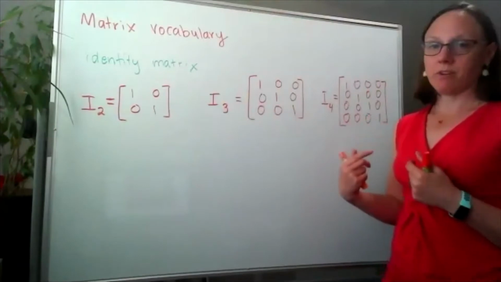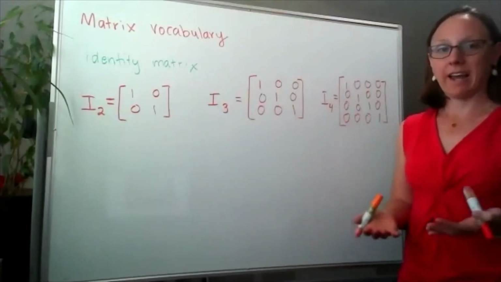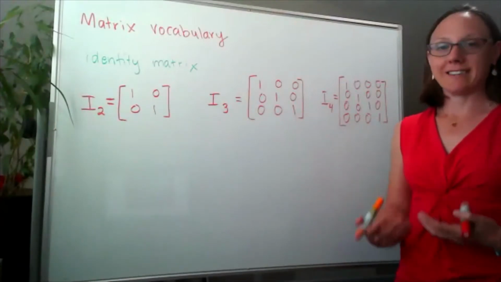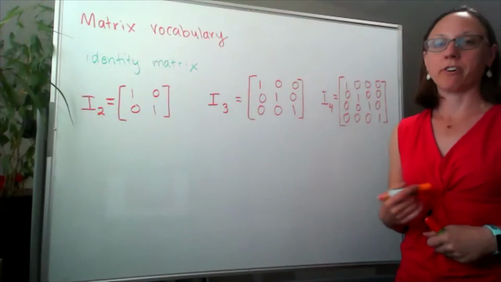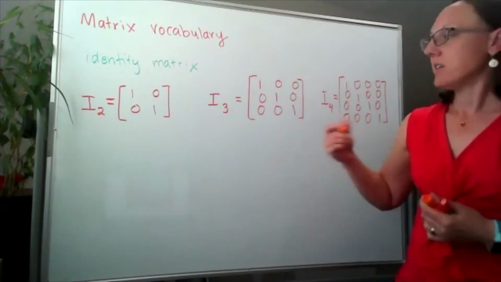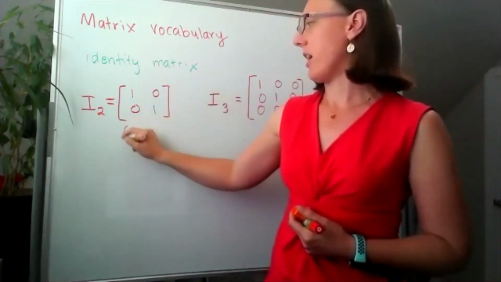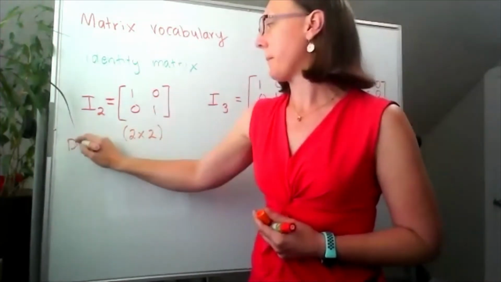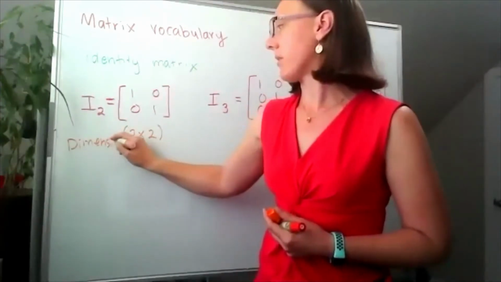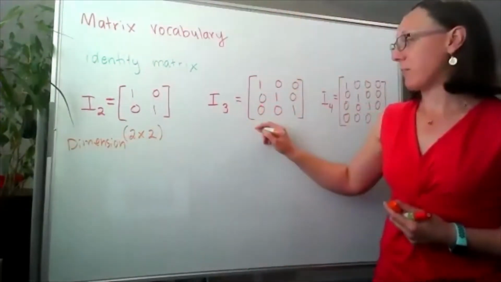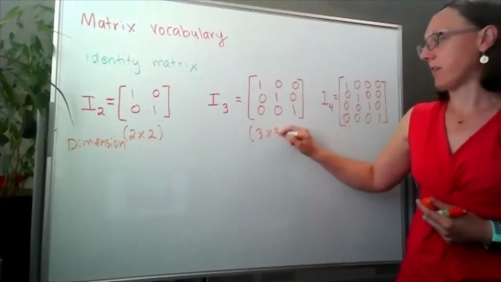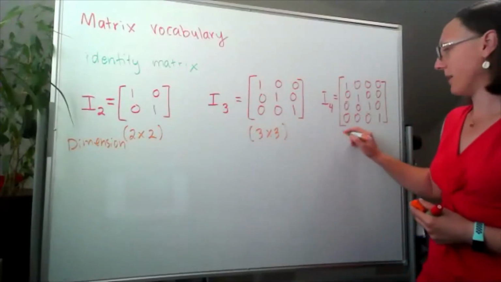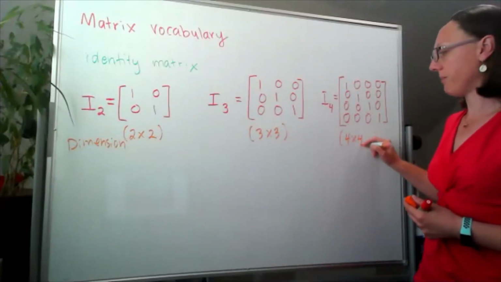Now, each of these matrices has a particular size, and when we talk about the size of a matrix, we refer to that as the dimension. So this has a dimension of 2 by 2, this has a dimension of 3 by 3, and this one has a dimension of 4 by 4.